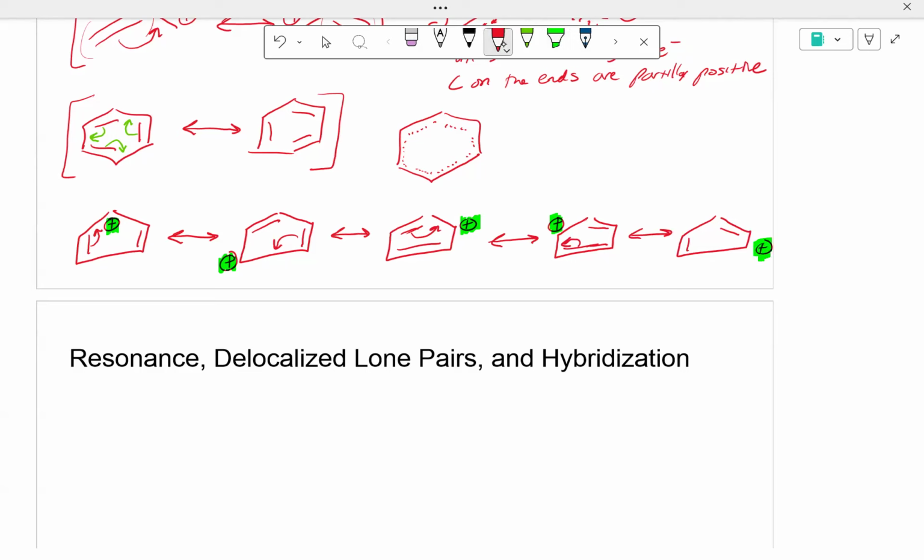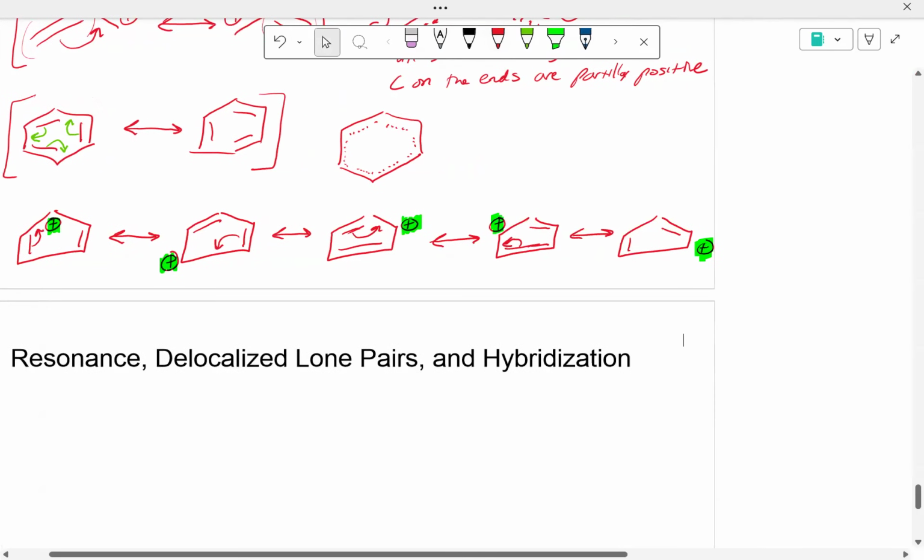What do you notice? Notice that each carbon at some point in these 5 resonance forms has gotten that plus charge. And notice the positions of the double bonds: if you pick a set of two carbons, each set of two carbons has gotten at least one pi bond in one way, shape, or form throughout these five resonance forms.